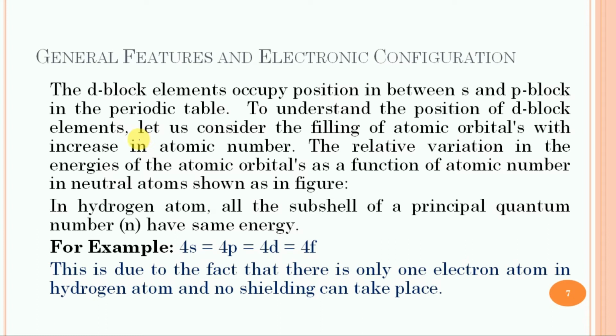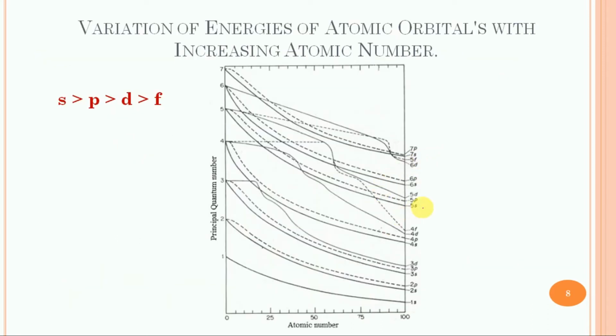To understand the position of d block elements, let's consider the filling of atomic orbitals with increase in atomic number, the relative variation in energy of atomic orbitals as a function of atomic number in neutral atoms, that is given by this figure, and it involves the filling of various orbitals, starting from 1s orbital onwards.